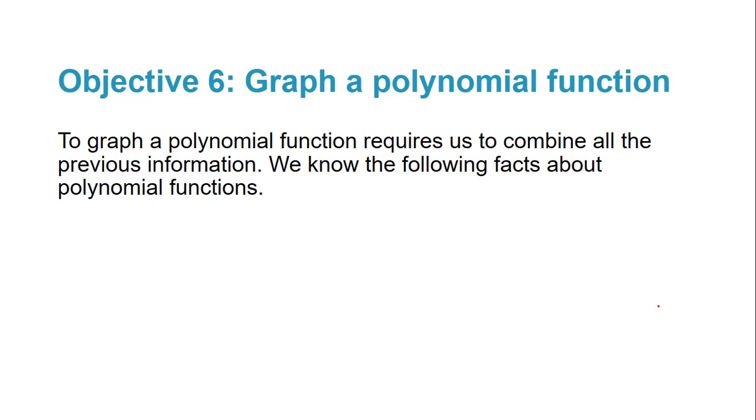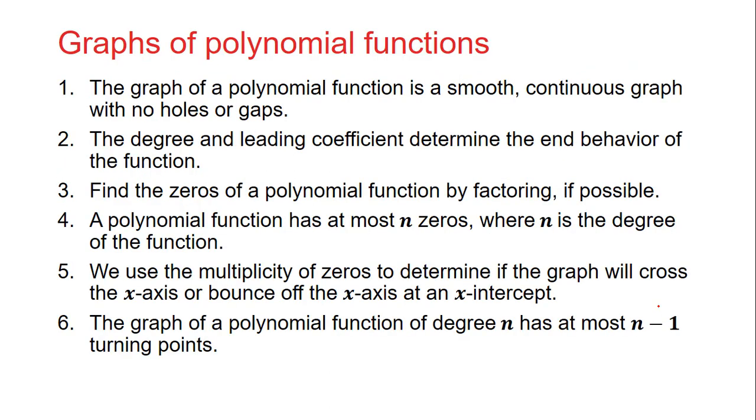So here we want to just graph a polynomial function, and we're going to put all of those things that we've talked about together. We know first that the graph is smooth, continuous, no holes or gaps. The degree and leading coefficient tell us the end behavior. Does it open up to the right, down to the right, or up to the left, down to the left, those types of things.